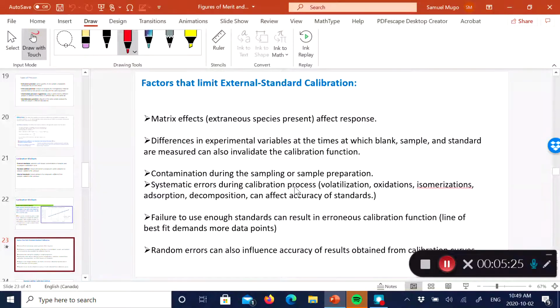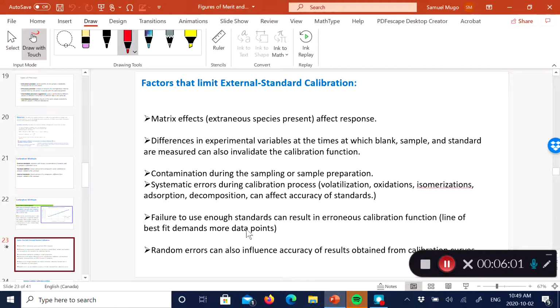Remember, lots of things could happen because you're dealing with a chemical that can undergo vaporization. Some of it could get lost. It can undergo other chemical reactions, such as oxidation if you expose it to air and so forth. And so because of that, you may end up losing a bit of the sample as you take it through all the different steps of sample preparation. And so that is not accounted for in the external calibration method.